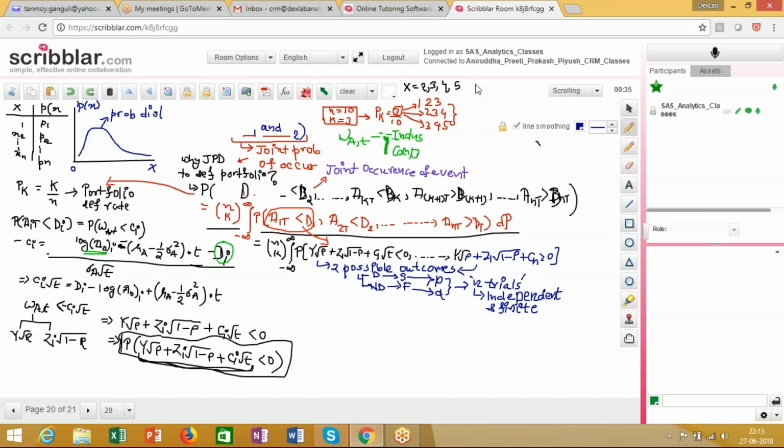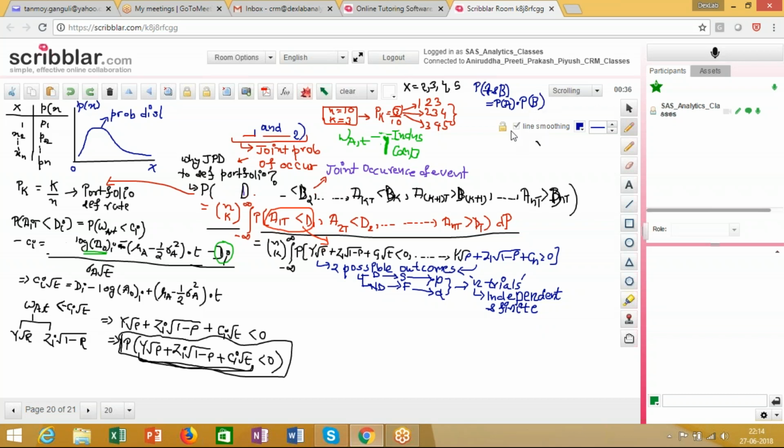So if A and B are two independent events, then the probability of both A and B occurring is nothing but the product.